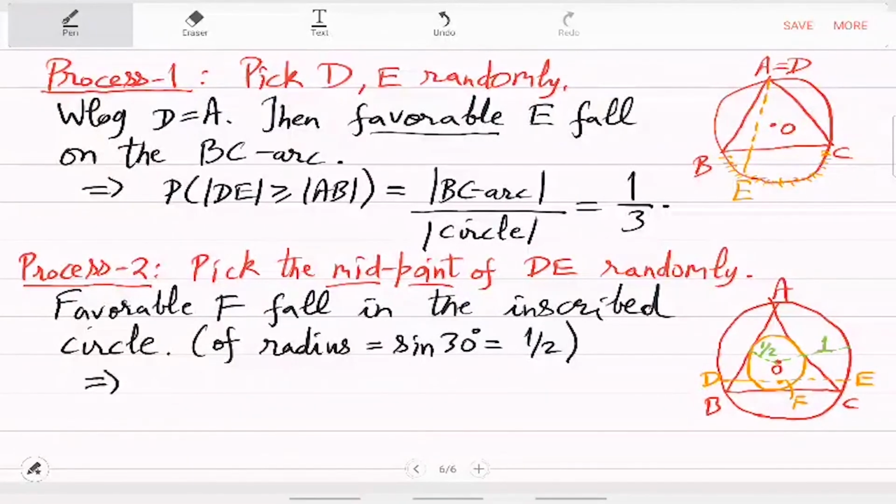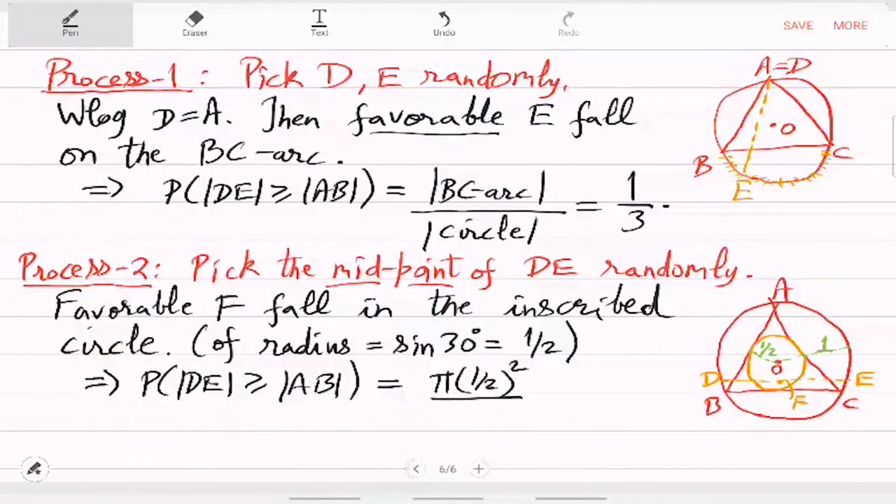So, which means that the probability that the chord is at least the edge AB, this comes out to be the areas of the circles, right. So, F favorable is in the area pi r square and total area is pi.